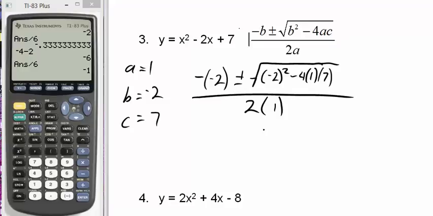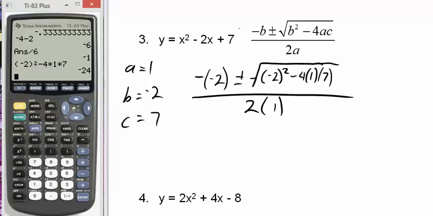Alright. So let's see what happens here when I do the discriminant, this part under the square root sign. Because something's going to happen here. If you think on this one, negative 2 squared minus 4 times 1 times 7.